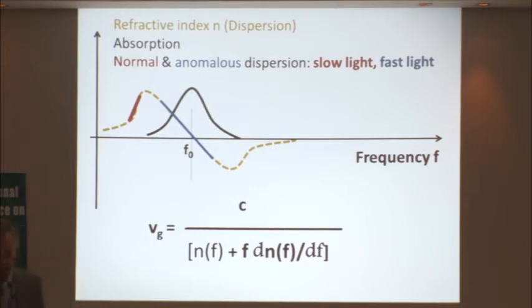If you are working with your frequency in this range, then you have slow light, and if you are working in this range, then you have fast light, due to this expression of the derivative of the refractive index.